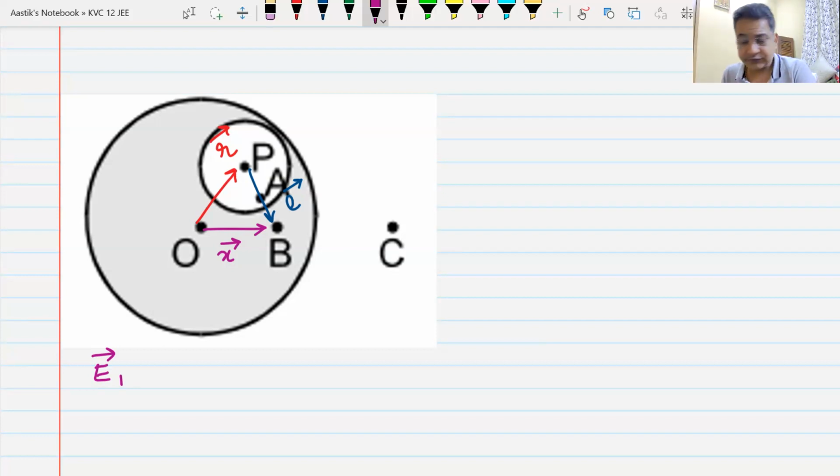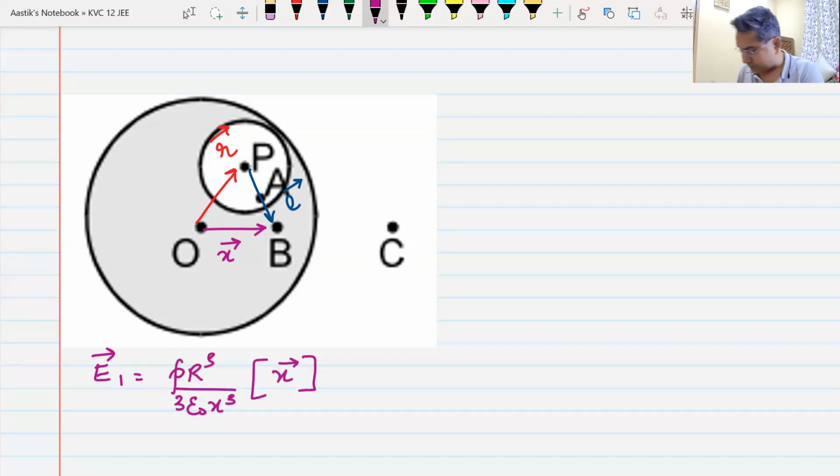Say. Rho r cube by 3 epsilon naught x cube, multiplied by x vector. This is what you are saying, yes or no? Yes, sir. That is absolutely correct.